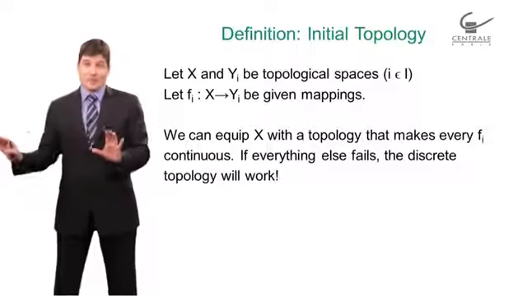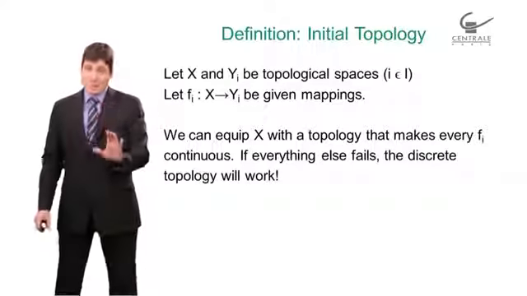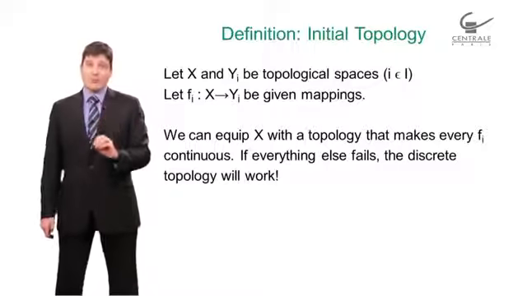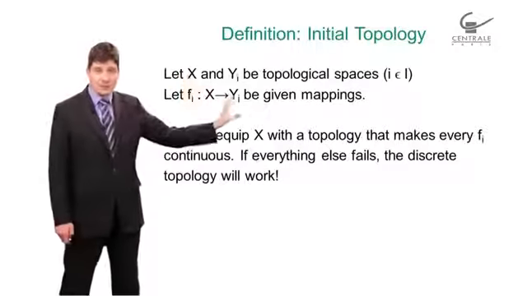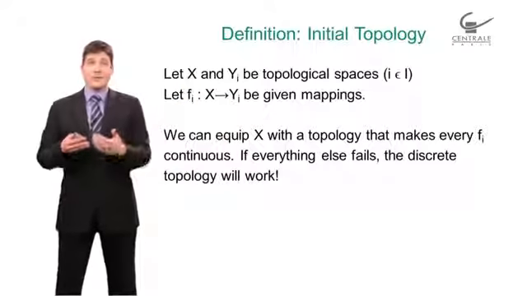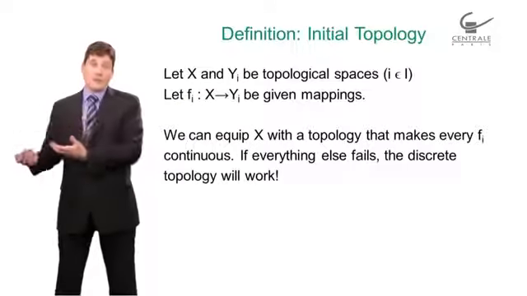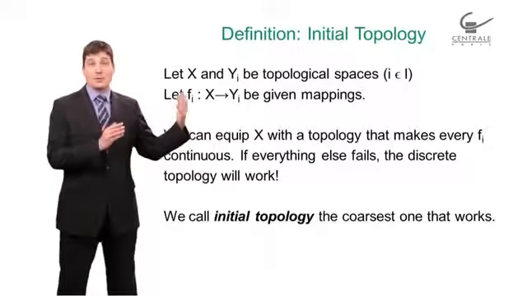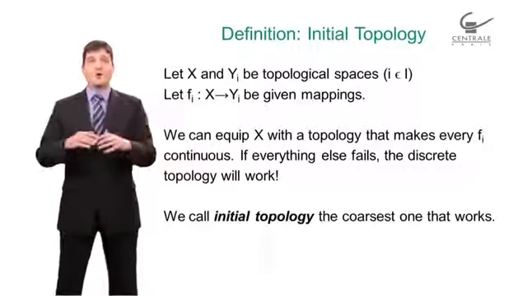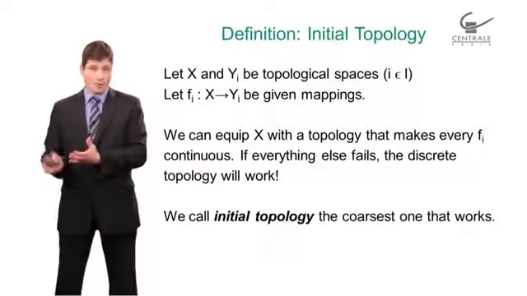So it's easy. What I'm going to try to do, though, is to find the topology that makes all these functions Fi continuous, but with fewer sets. I'm going to try not to have as many sets as the discrete topology where everybody is an open set. I'm going to try to have the coarsest topology that will work.